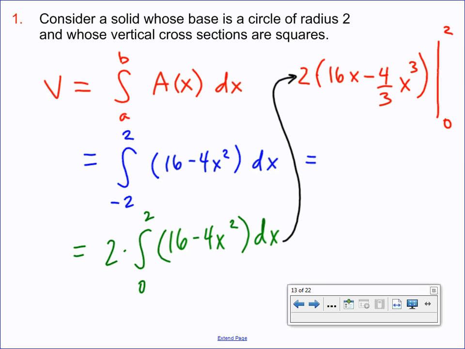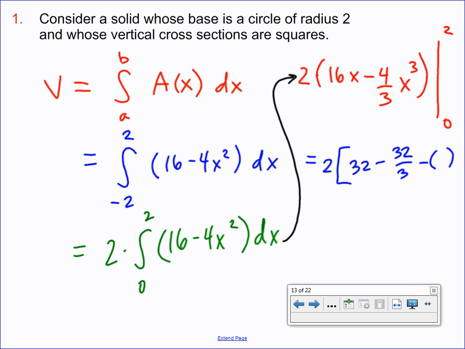From 0 to 2. So it looks to me like it's going to be 2 times, and I'll go ahead and leave that out front, and we'll do my evaluation. 16 times 2 is 32, minus 2 cubed is 8, times 4/3 is 32/3. Are you guys getting that?